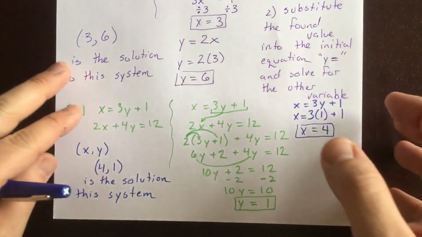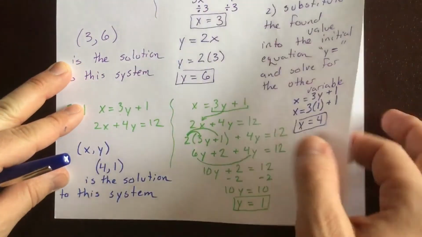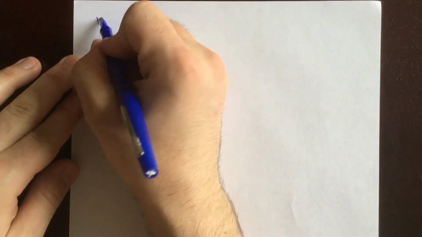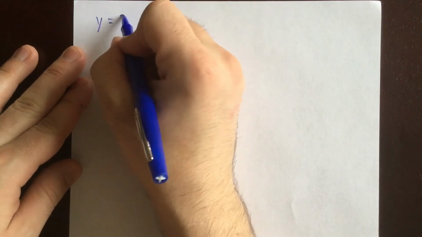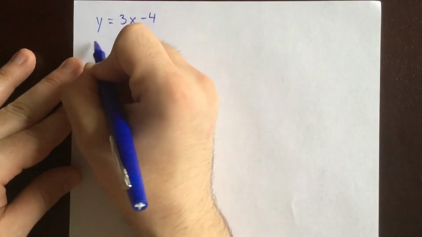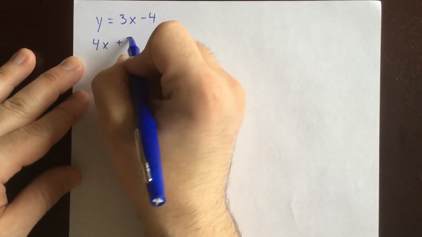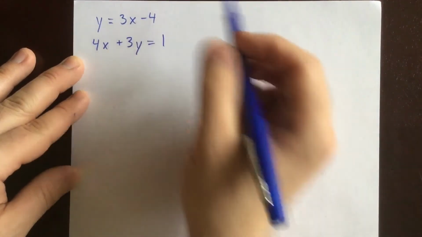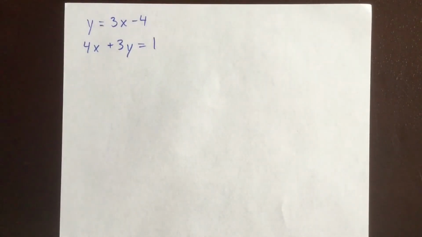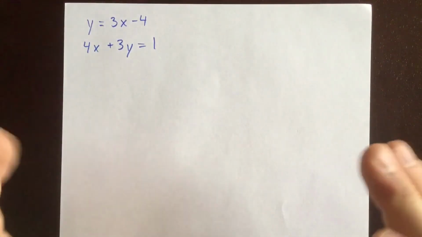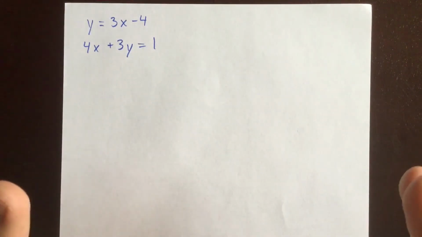So we see in this next example, let's look at the setup of the system of y equals 3x minus 4 and 4x plus 3y. This is our third example, and by now I'm going to skip over the couple things I was saying before.